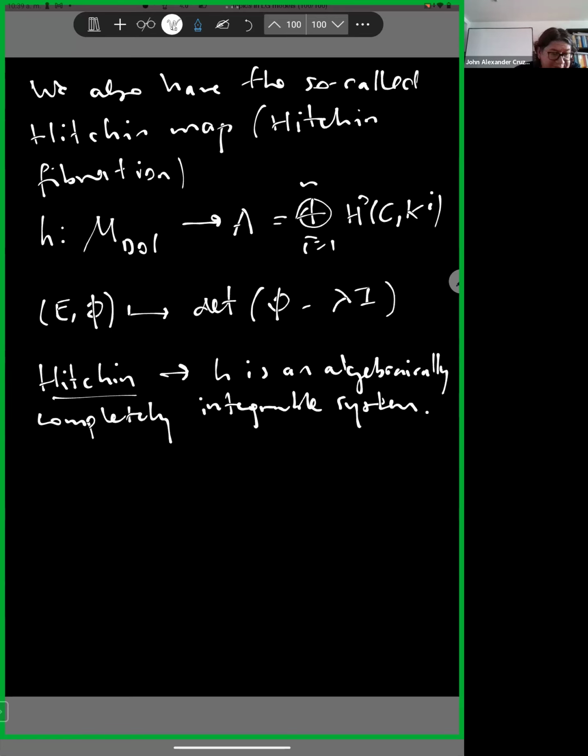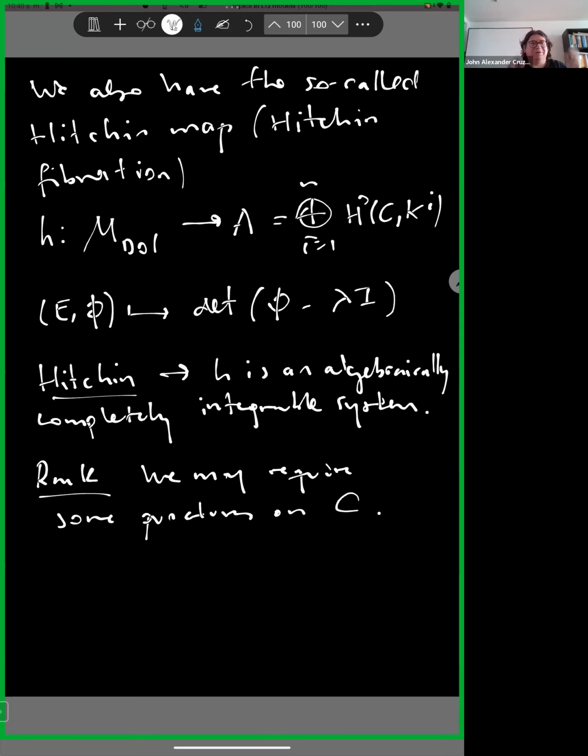Let me make a small remark that will probably be helpful in our picture. I won't discuss this today, but we may require some punctures in C. We can consider not just the Riemann surface, but one with some punctures, some marked points.